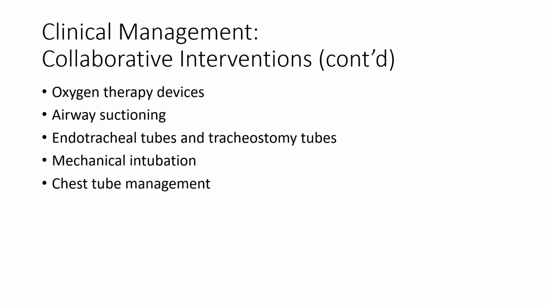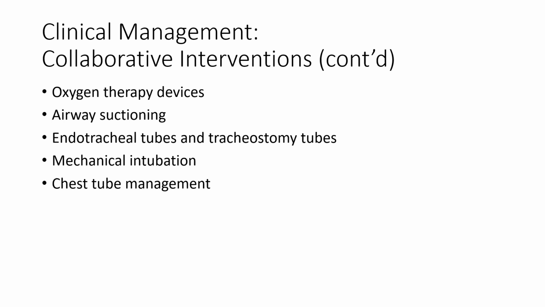Of course, tracheostomy tubes are a more permanent airway. An endotracheal tube is a temporary airway. Before COVID, people would typically only be intubated orally for 14 days, because it could cause necrosis to the vocal cords and tracheal erosion. So we try to get people off the ventilator before that, or they would do a tracheostomy, which is an artificial opening into the trachea, and we put a stoma there.